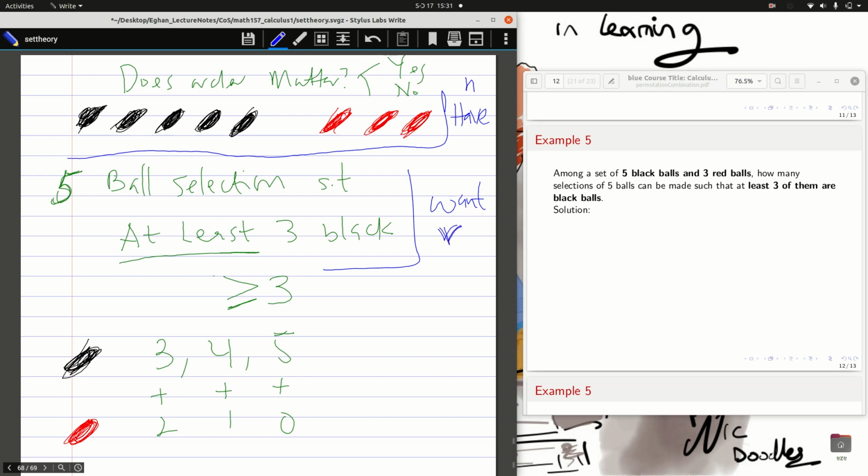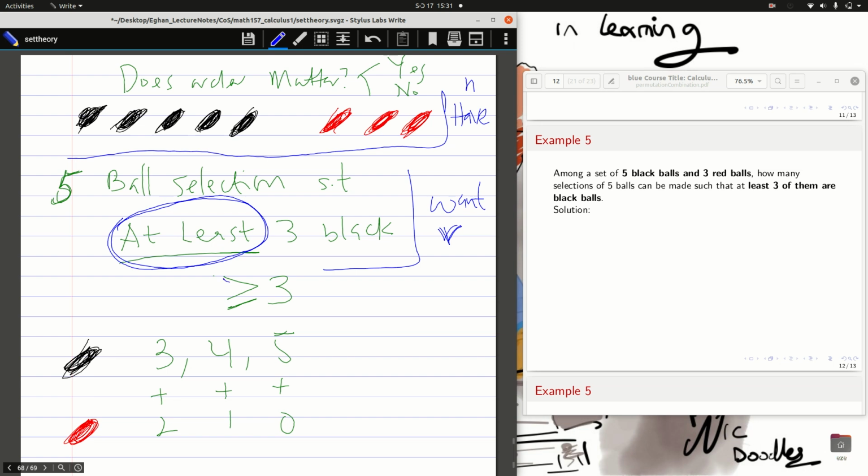You have to select 5 balls, not just any 5 balls, but there's a strict condition. At least 3 of them are black to form the 5. What does at least mean? At least means that number or more. At most means that number or less.